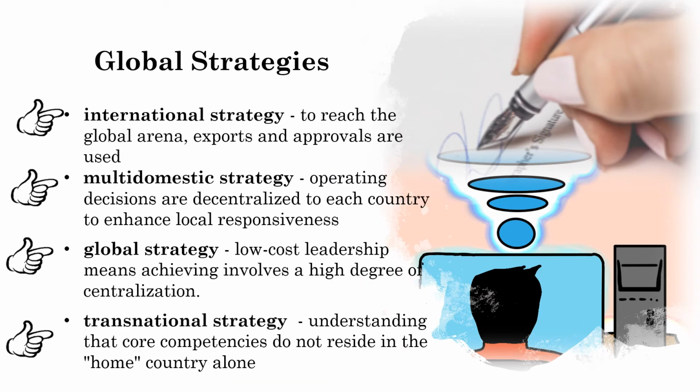The global strategies. The international strategy uses exports and licensing to enter the global arena. It is the least competitive, with no local accessibility and no cost benefit. There is no flexibility since we sell or import the products from different countries.